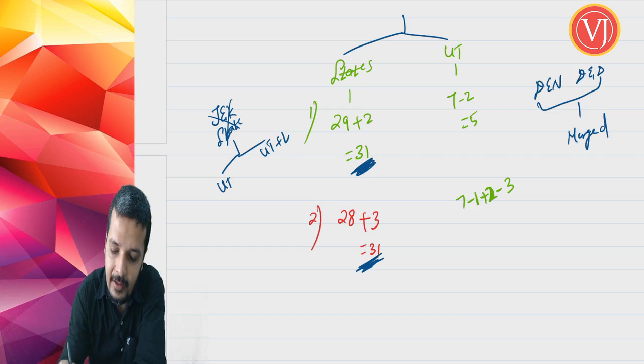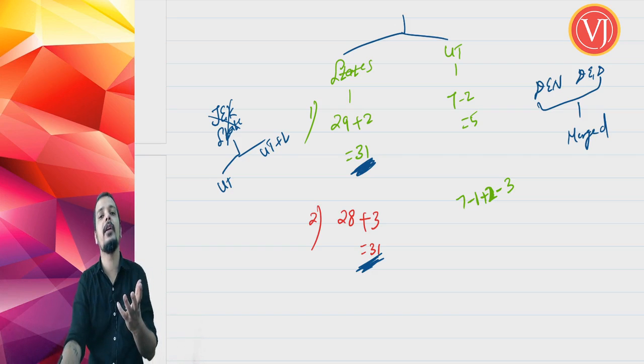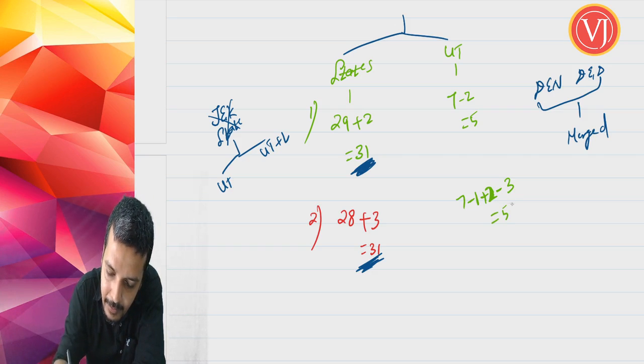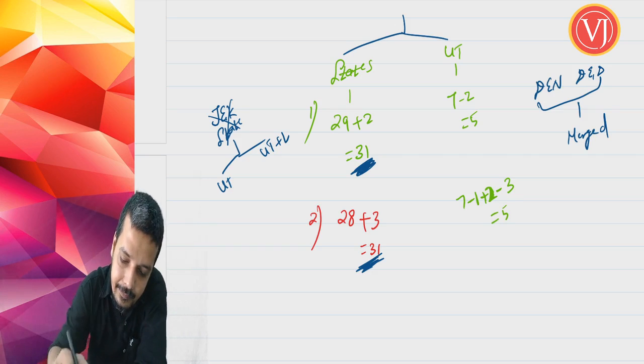Why minus 3? Totally thereafter there will be 3 union territories with legislature.